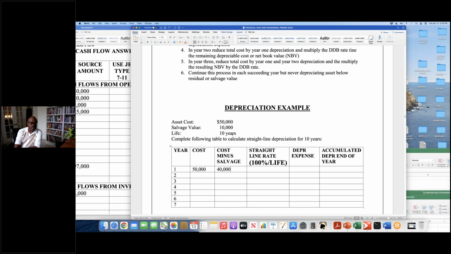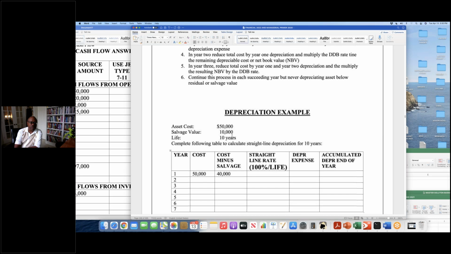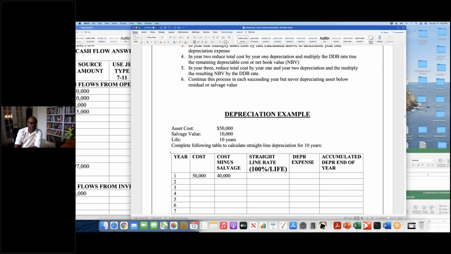The life is 10 years. So that means we're writing off the cost minus salvage at a rate of 10%. So 10% of 40 gives us an expense of $4,000, and the accumulated depreciation is $4,000.